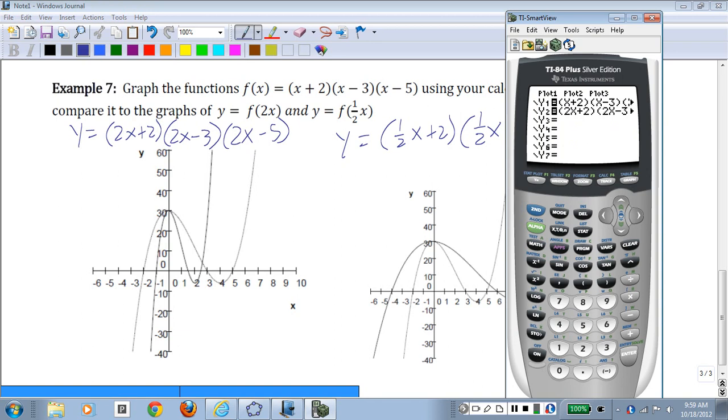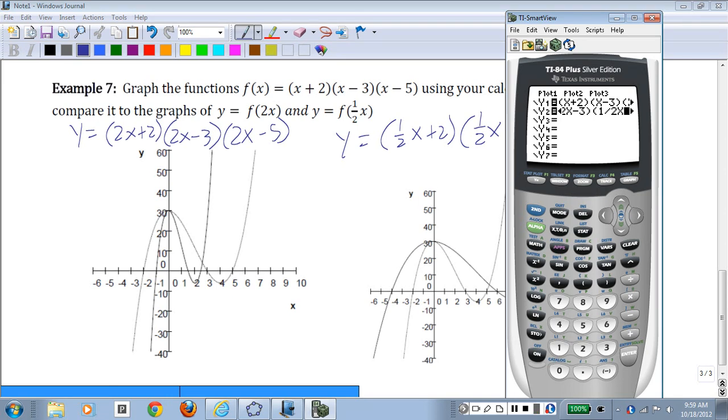I'm going to have the cursor on the 2 and I'm going to insert a 1 divided by in front of that 2 to change the 2 to a 1/2. Second, insert 1 divided by. Again, second, insert 1 divided by. And then the last one, second, insert 1 divided by.